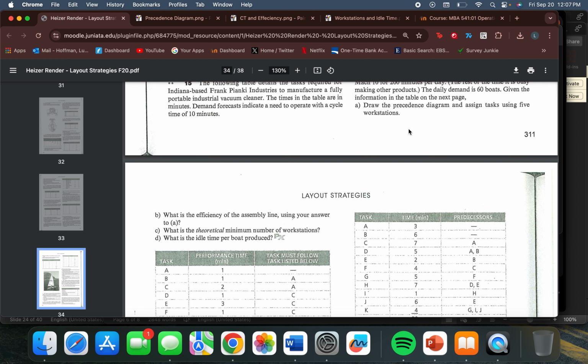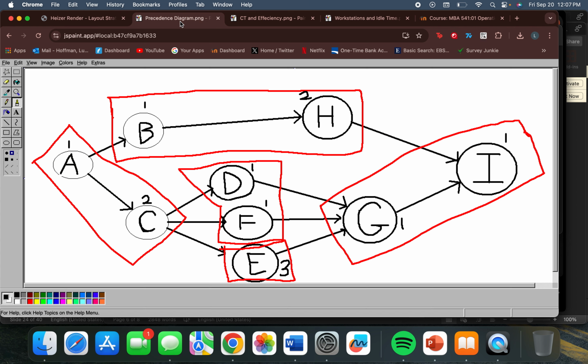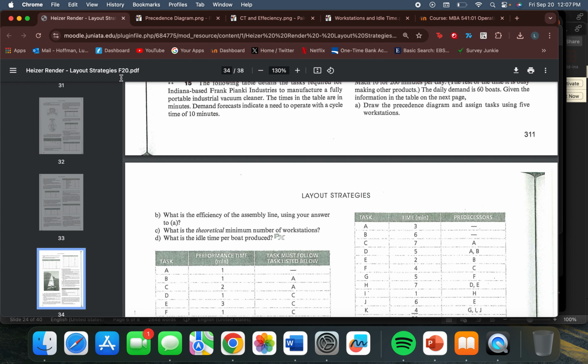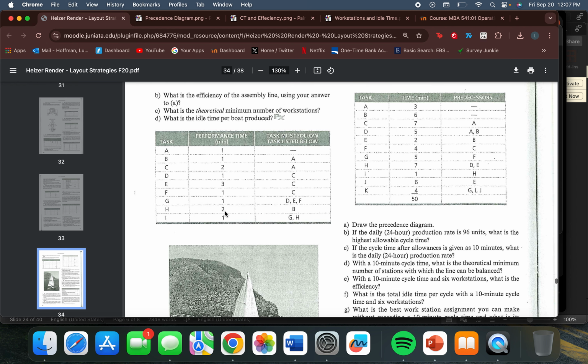First, what it asks is to draw the precedence diagram and assign tasks. So here's the diagram. First thing we should look at is this table, which entails all of the information we're going to need. So what I did first was calculate the cycle time so that we can understand how long each workstation, or how long the product should be in each workstation.